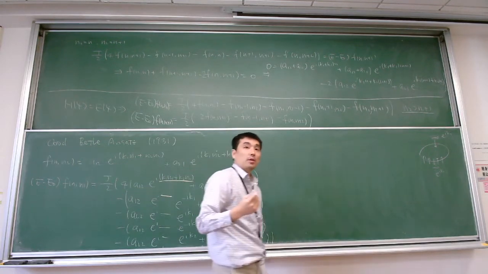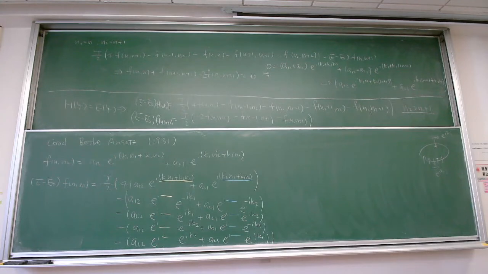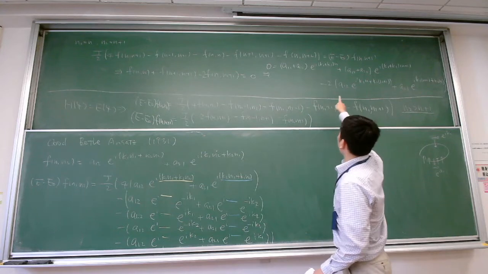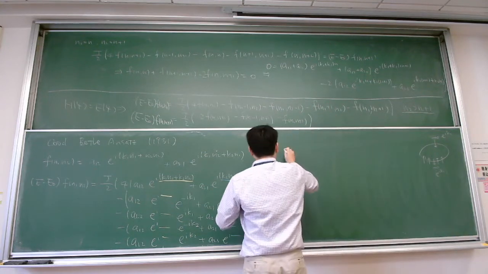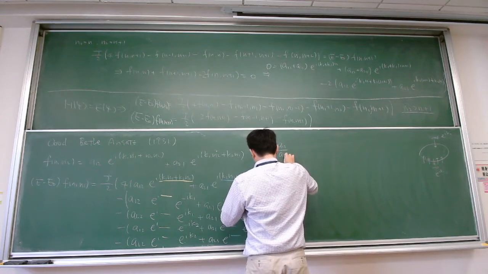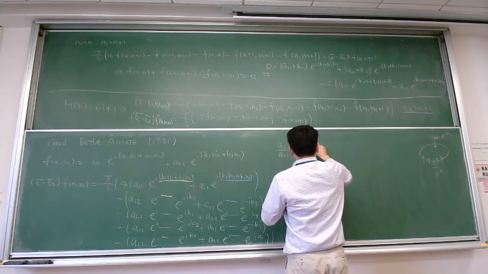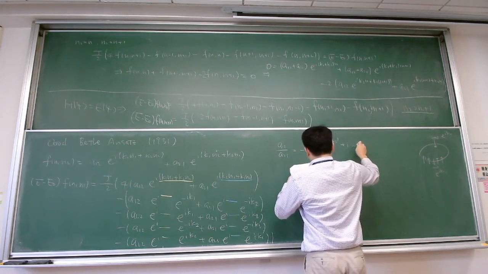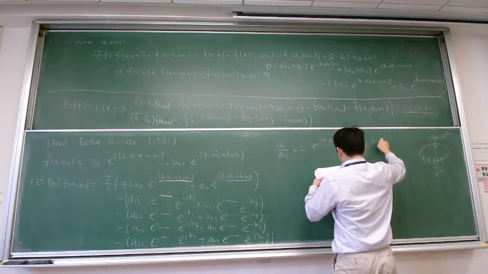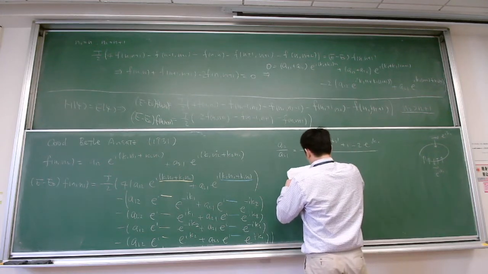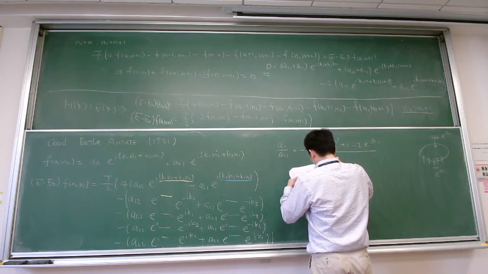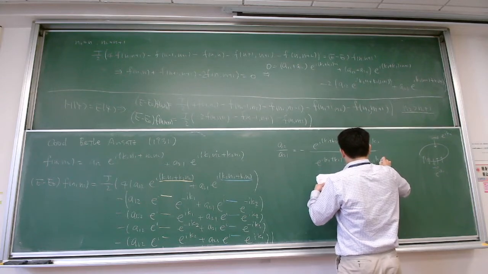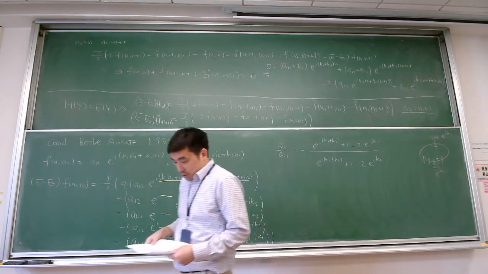Exactly what we have done for the delta function in the first lecture. So from here we obtain the Bethe ansatz equation: A12 over A21 should be minus e to the i (k1 plus k2) divided by e to the i (k1 plus k2) plus 1 minus 2 e to the i k2. So this is the Bethe ansatz equation you obtain.